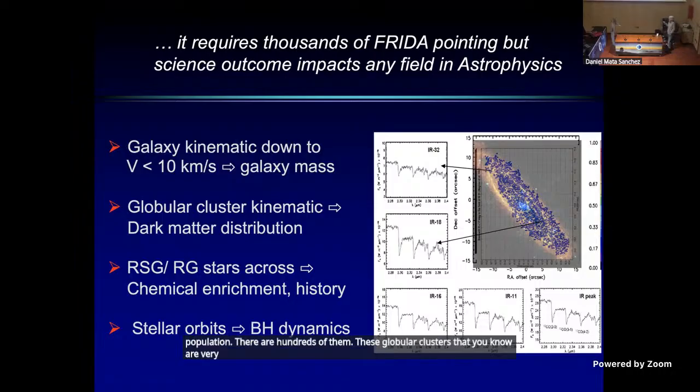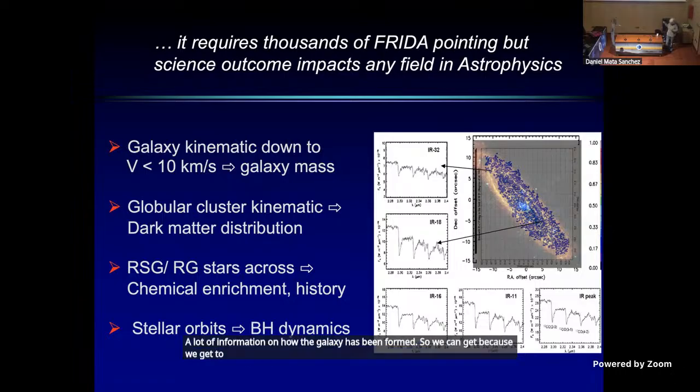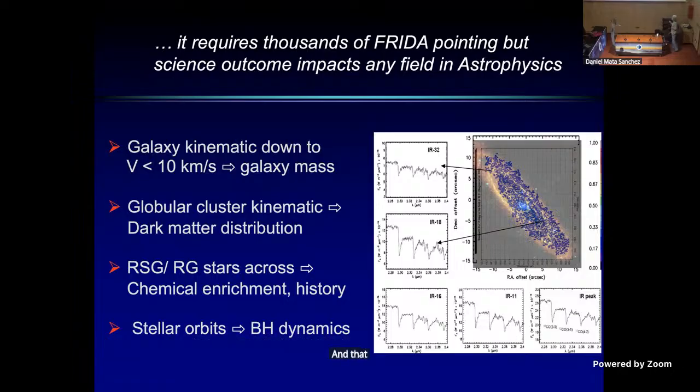They are very good tracers of the formation, of the origin of the galaxy. They tell us a lot of information on how the galaxy has been formed. So we can get, because we get to these velocities and distortions in our kinematics, and maybe distinguish the dark matter distribution in the galaxy.